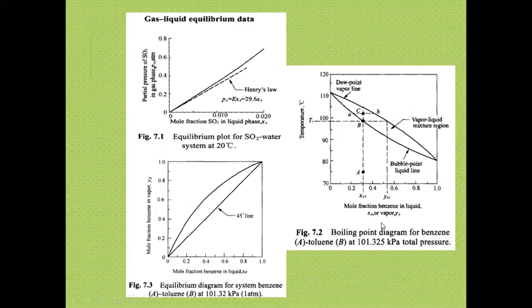Now, in determining the temperature that you will use for getting the pure vapor pressure of your distillate, you will be needing the mole fraction of the distillate. For example, it would be 0.6. You go up until you reach the saturated vapor curve, and then you read here the temperature.